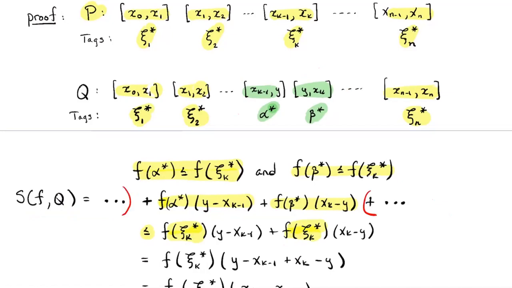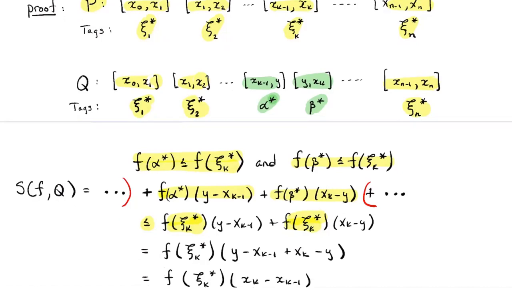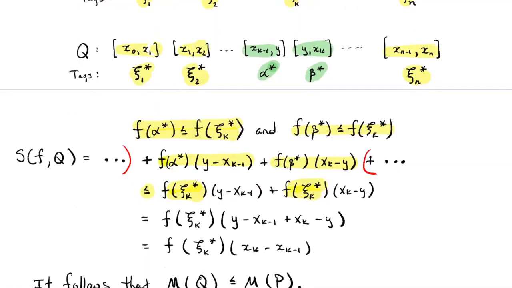I'm only talking about the terms in the middle here. Factor out that f of c_k star, do a little bit of algebra, and you end up getting the corresponding term in the Riemann sum for f over the partition P.